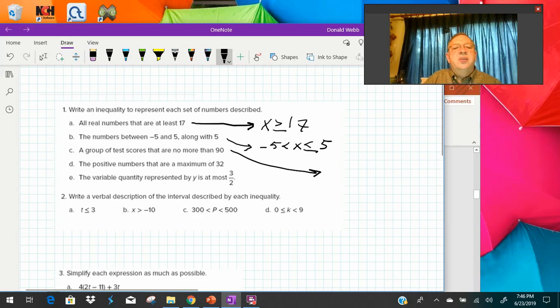So a group of test scores that are no more than 90. No more than 90. So it's all the numbers that are smaller than 90, like that. The positive numbers that are a maximum of 32.